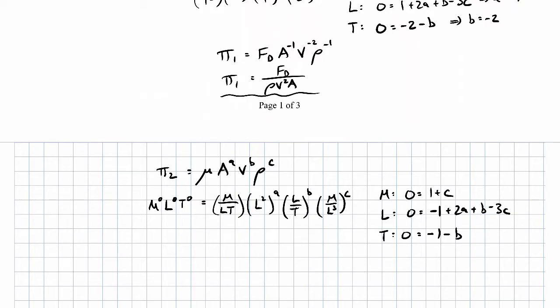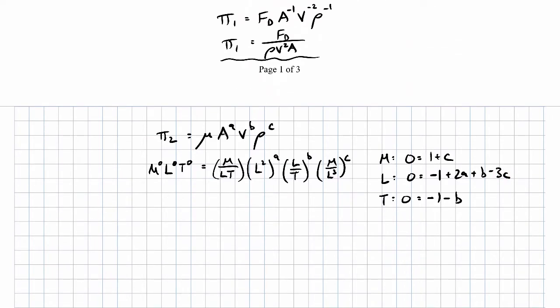Okay. So what I've done there is the same procedure I did previously. Let me just focus on the length one, for example. So we have 0 on the left-hand side. Right-hand side, we have L to the minus 1. Here we have L to the 2A, so there's my 2A. L to the B, there's my B. And then minus 3C right there. All right, so from here, you'll see that C is equal to minus 1.